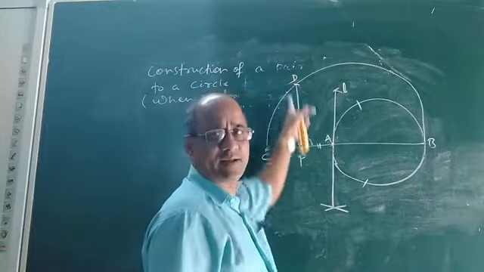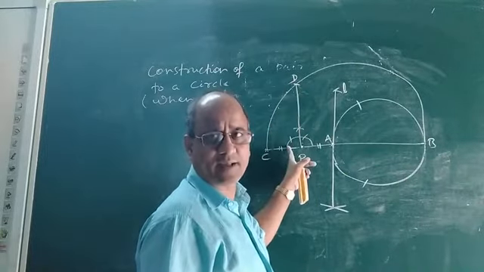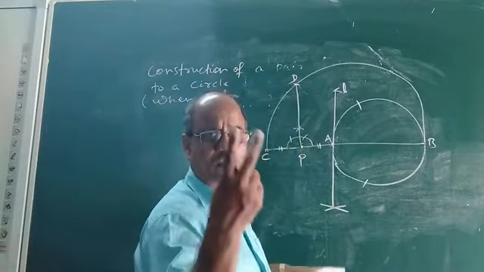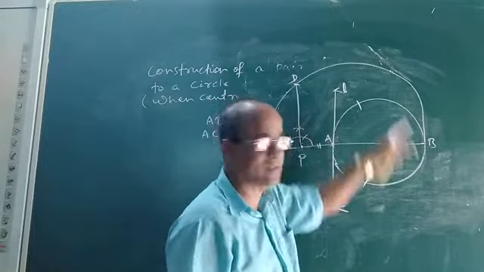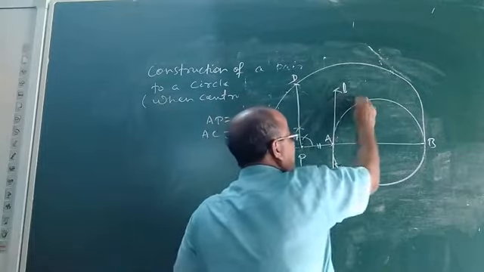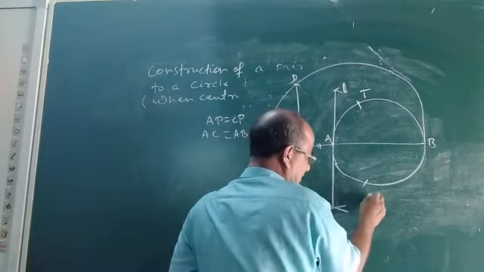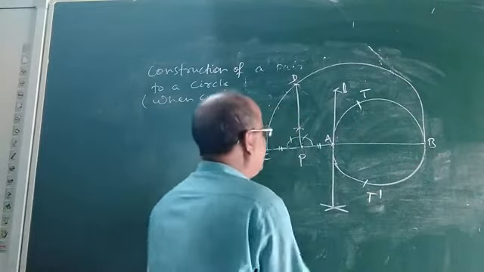Taking P as center and PD as radius, those two arcs will cut or intersect the circle at two distinct points. Suppose this point is P and this point is P dash. Now what will you do?